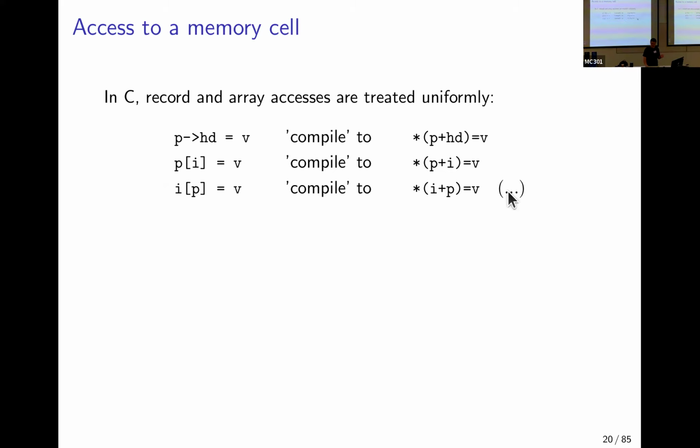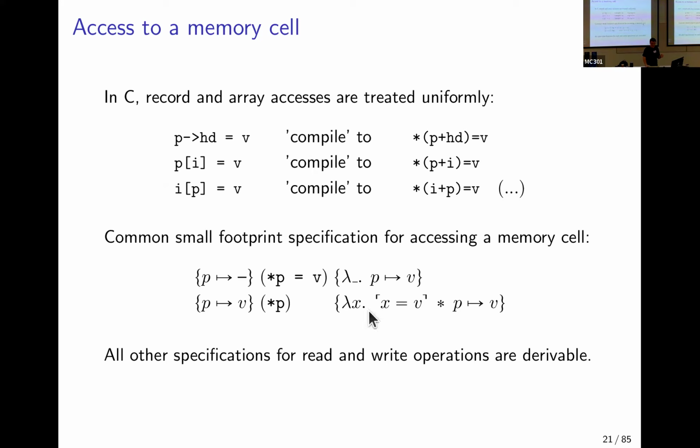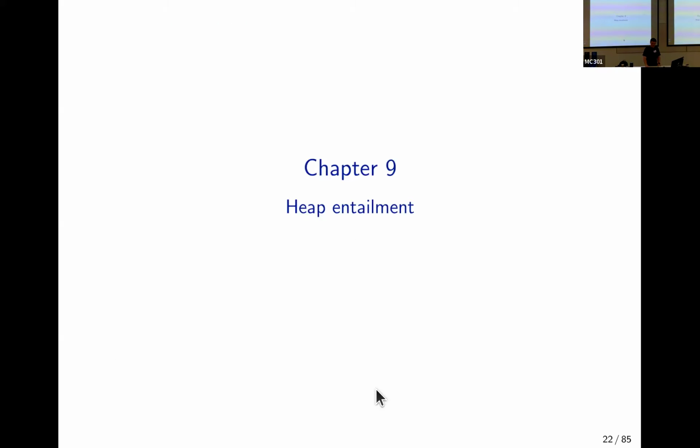That works. You can try. And so when you reason about arrays, it's the same as reasoning about accessing a normal cell. So you can do star of P is equal to V. You need this rule for writing, this rule for reading, and all of the other ones are derivable from this one.